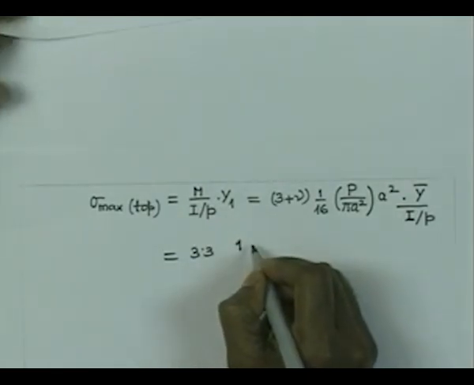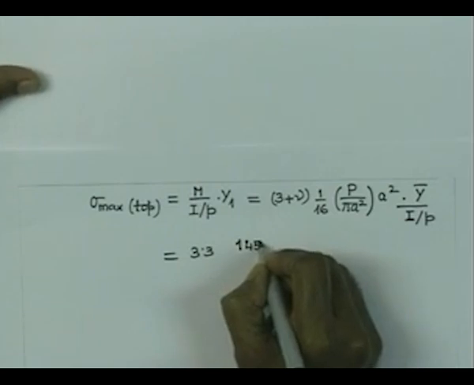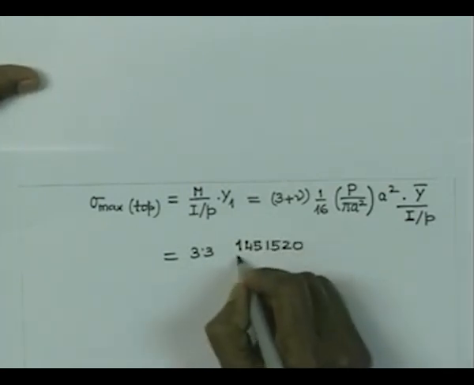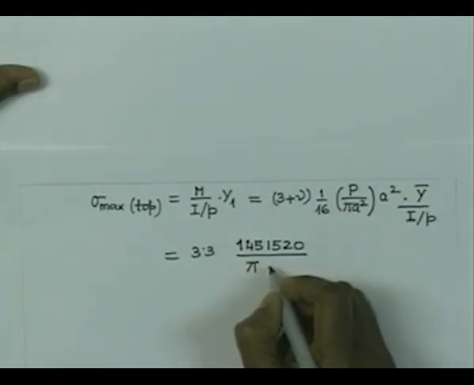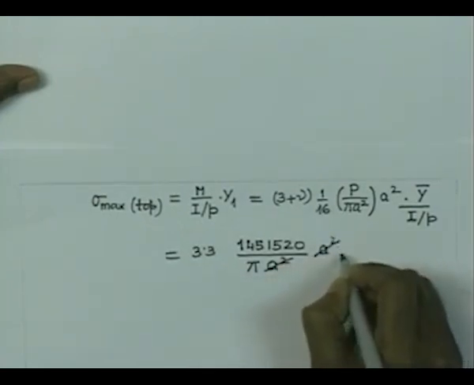and the load is equal to 145.1520 by pi a square. We can cancel this a square with this a square, so we need not substitute.